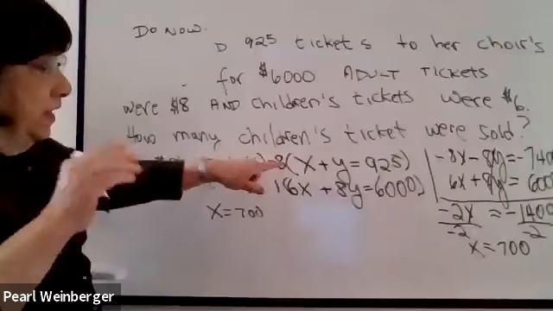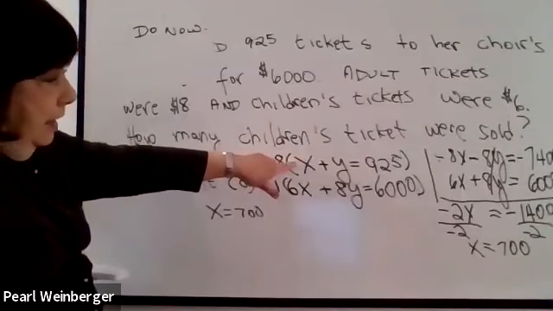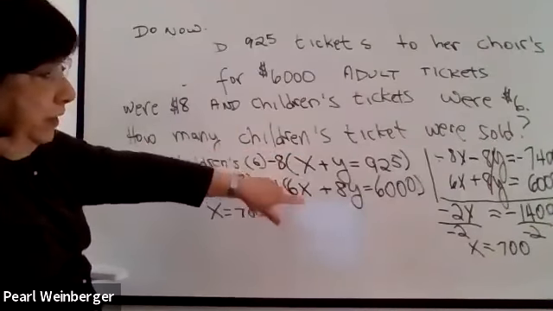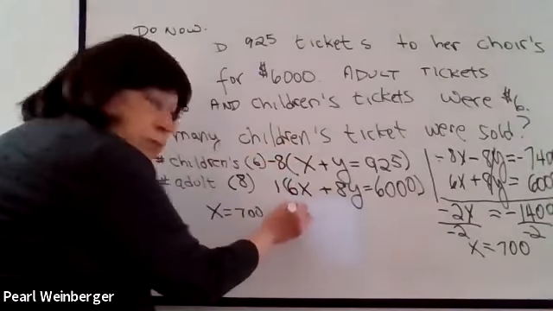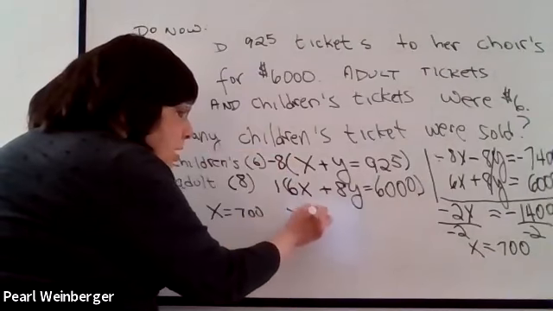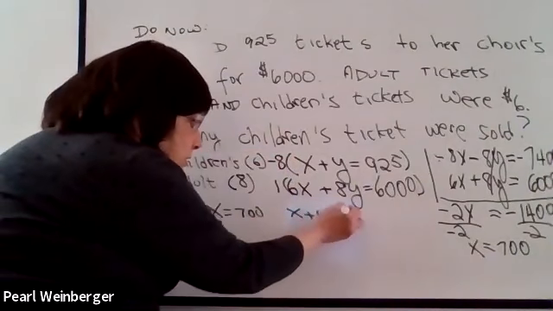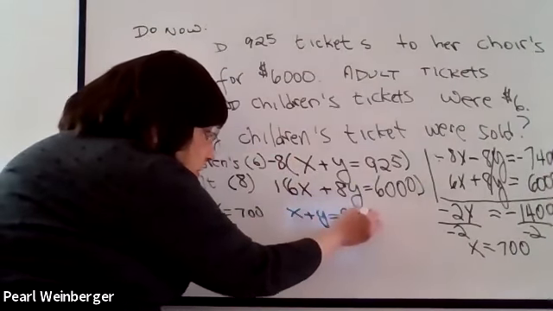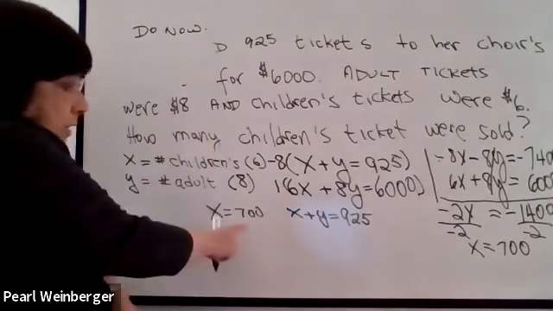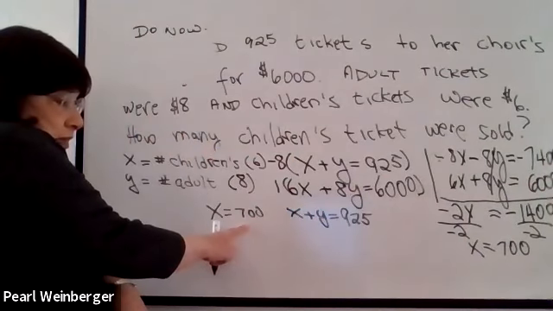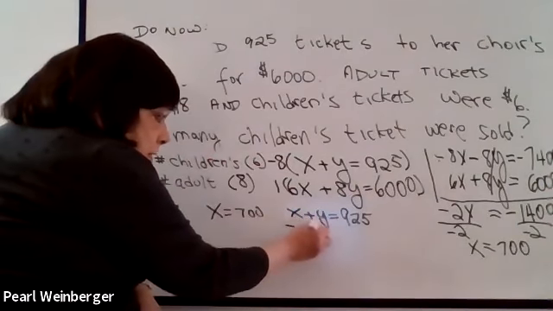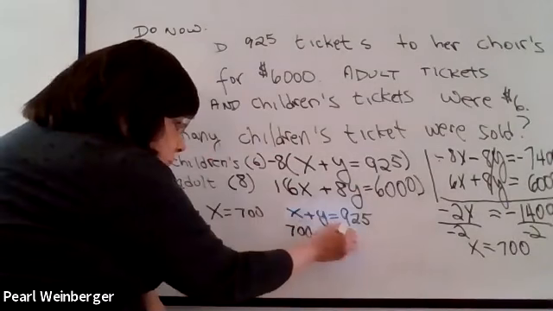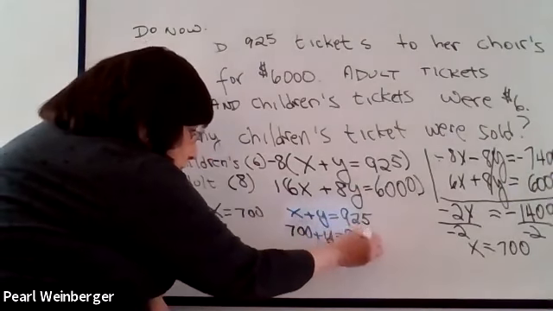I could then go to one of the original equations. I'll take the first one, which says X plus Y equals 925. And now I know what the X is. The X is 700. So I could do 700 plus Y equals 925.